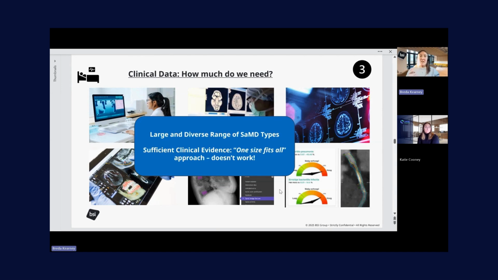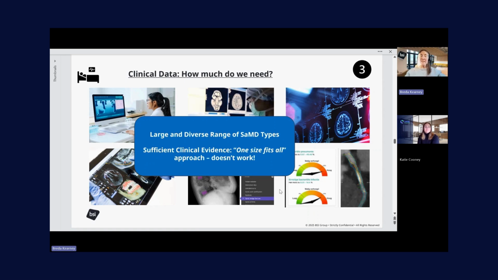So the main question that we always get as a notified body is, well, how much data do we need? And I do a lot of structured dialogue calls, and this is by far the main question that we get. How much data do I need in order to get this device over the line? And the simple answer is, there is no simple answer. So with sufficient clinical evidence, there is no one-size-fits-all approach.